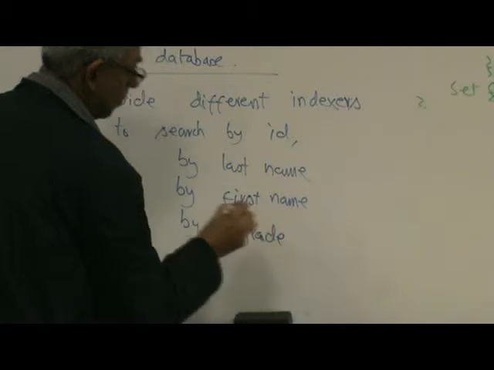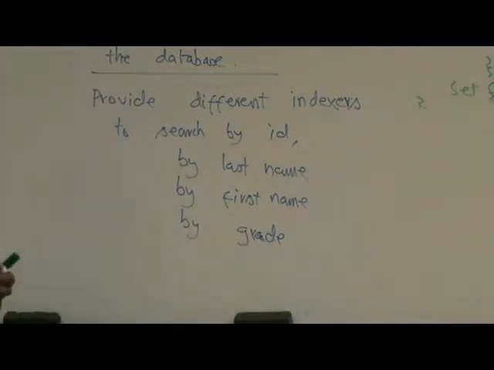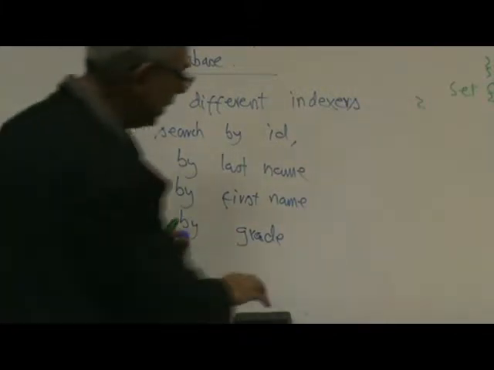So if you wanted to know who are all the students who received, let's say, A minus, your indexer will return an array list of all of those students. Okay, so that will be your next assignment.